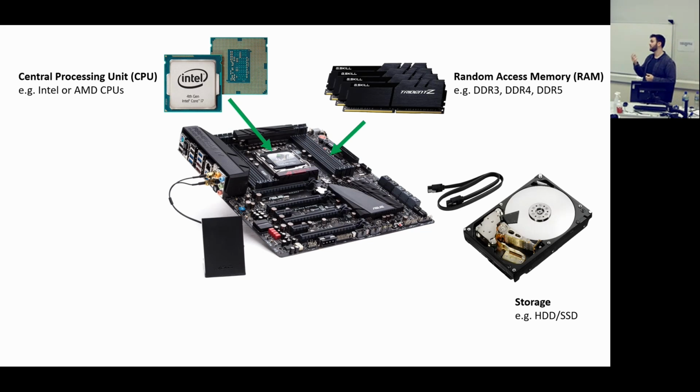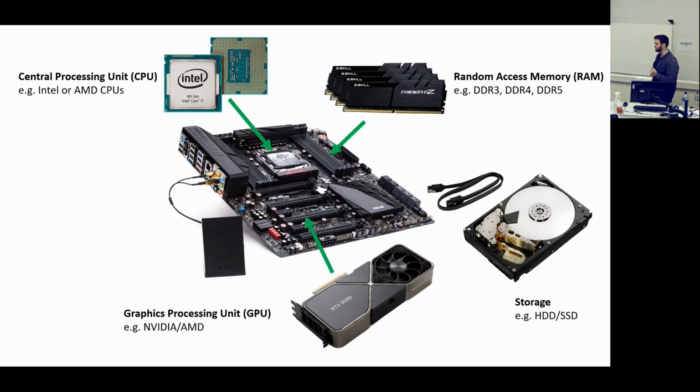You have some random access memory, which is your working memory while you're processing things, and you have the brain of the computer itself, the processor. But optionally, you could also have a graphics card. This is a separate device that you can add into your computer to offload a few specialized workloads that can be processed more efficiently on a GPU over a CPU.